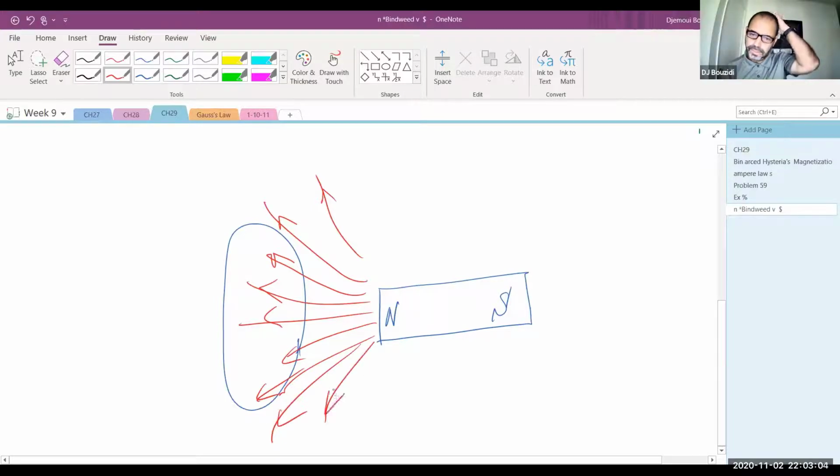Okay, one more this way. But now, instead of the magnet moving into the wire, we're going to have the magnet moving out of the wire.